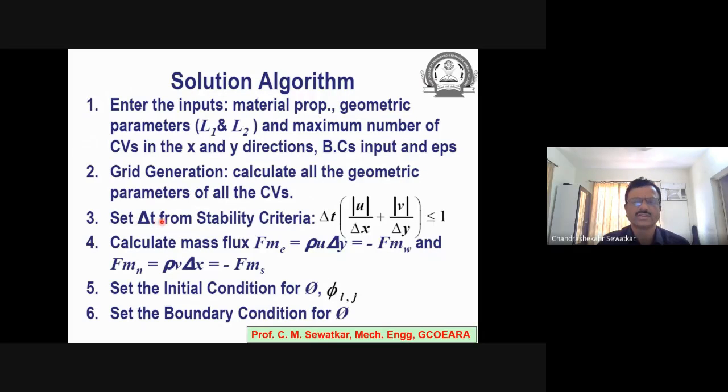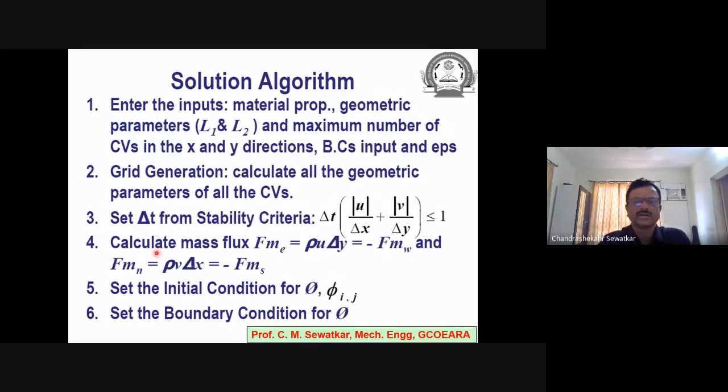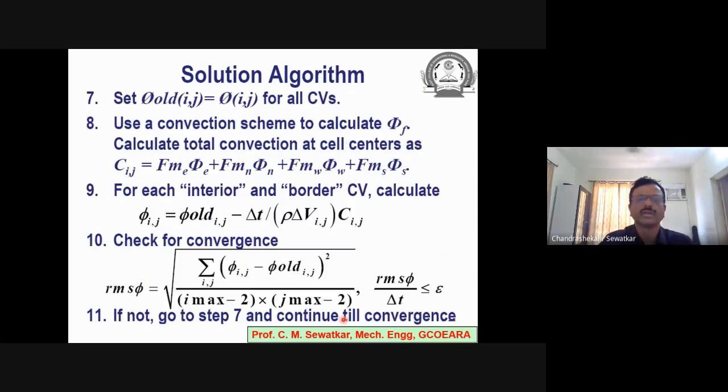We can set delta t from the stability criterion. Now the stability criterion is different, so I can use this expression: delta t is equal to 1 upon the maximum of this quantity, and can determine delta t. Then we can calculate the mass fluxes FME, FMW, FMN, FMS for all the phases. Then we can set the initial condition for phi ij. We can set the boundary condition for phi, which is given to you.